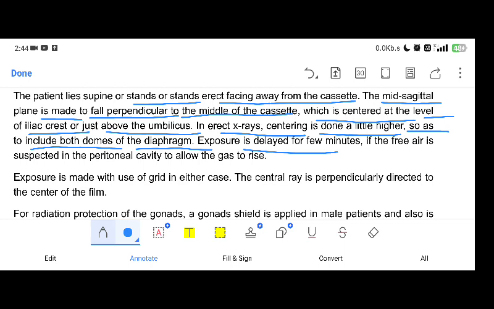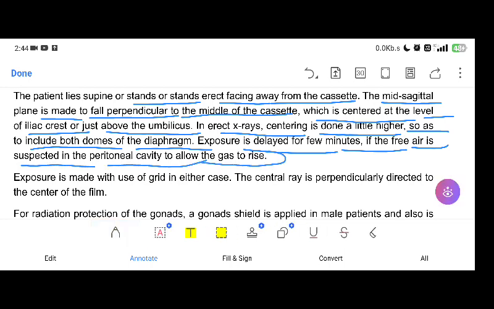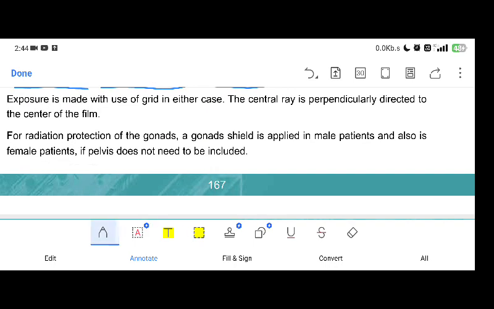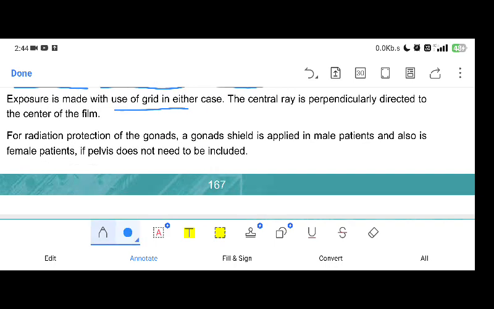Exposure is delayed for a few minutes if free air is suspected in the peritoneal cavity, to allow the gas to rise, and exposure is made with use of a grid in either case, and the central ray is perpendicularly directed to the center of the film.